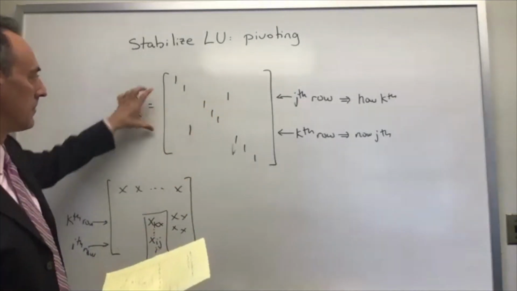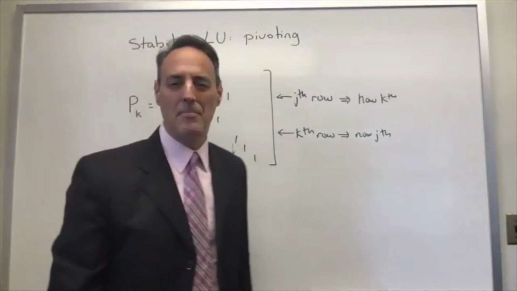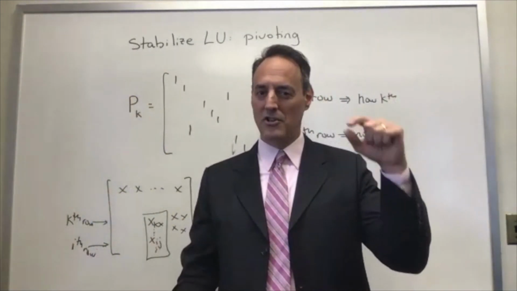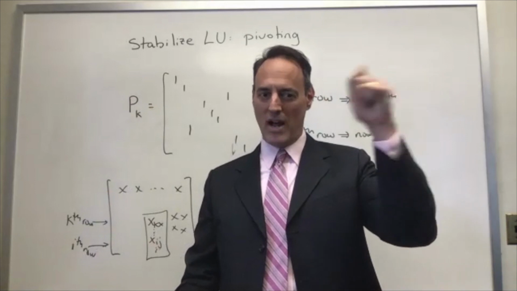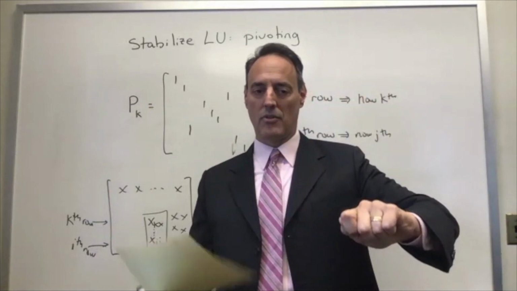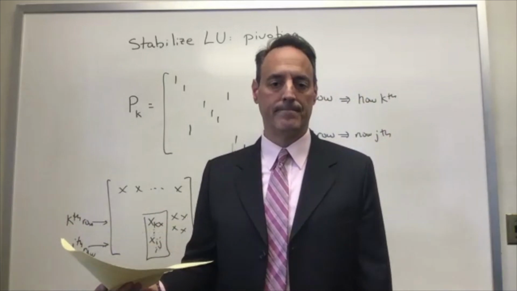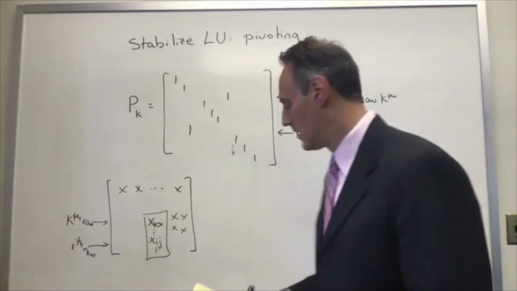And in MATLAB or Python, this is pretty easy to do. You just build an identity, grab the jth row, overwrite it into the kth row, and the kth row into the ith row. That's as simple as you need.